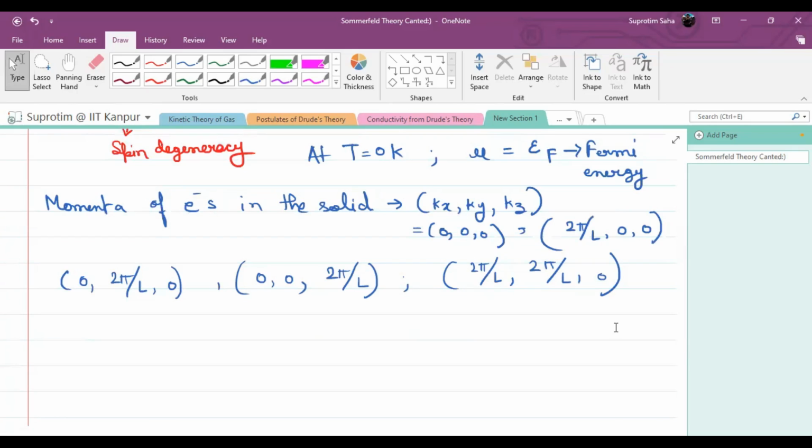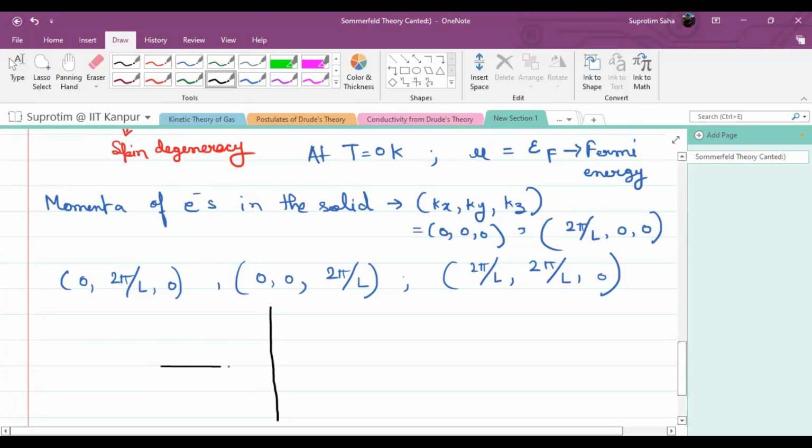Fine. So now, as I told you, there are discrete momenta states possible. So if I have to draw a graph of this, this is kx, this is your ky, this is your kx, and this is your kz.